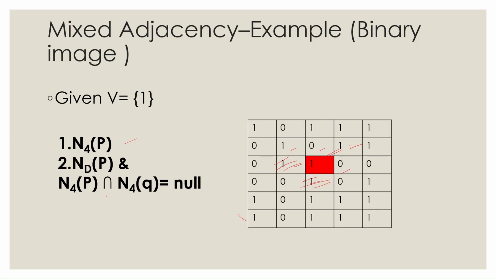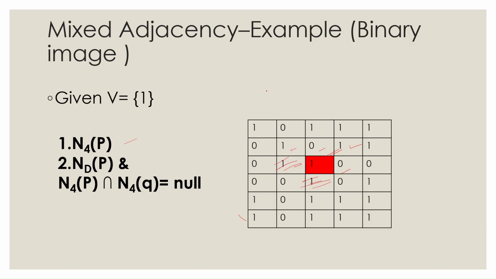So as per this condition, N4 of P intersection N4 of Q should be null. Which means this pixel should not have a common connection with the pixel P as well as this pixel Q. So in this one, we cannot consider this diagonal pixel. It has a relationship with the neighboring pixel using a vertical relationship. So this pixel cannot be connected with the diagonal element.